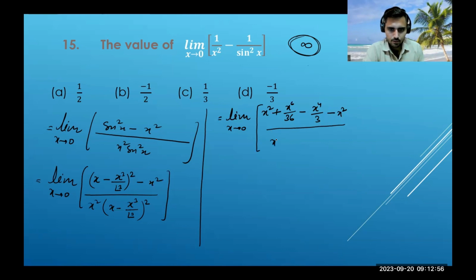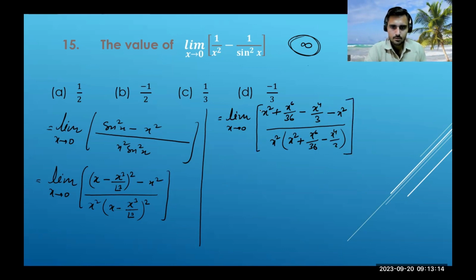and again we have x square, and here we'll get x square plus x raised to the power 6 upon 36, and minus x raised to the power 4 upon 3. Right, so this x square and this cancel out, and now we have limit x tends to 0, and we'll take x raised to the power 4 common. What is left out?